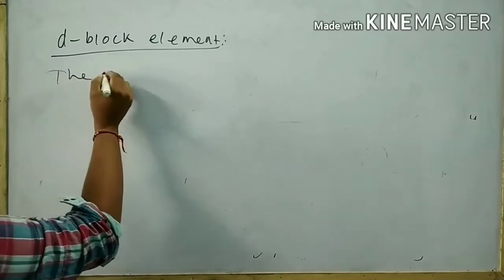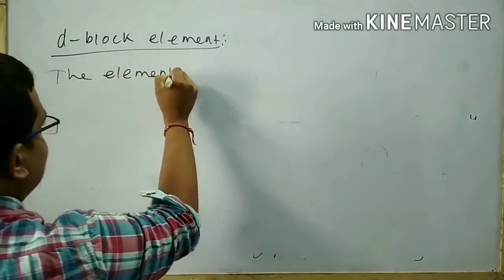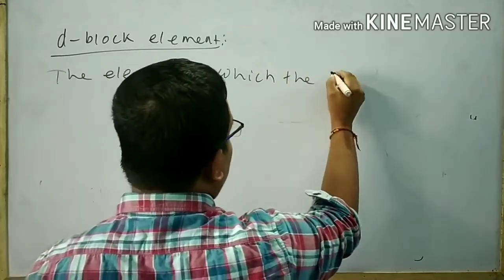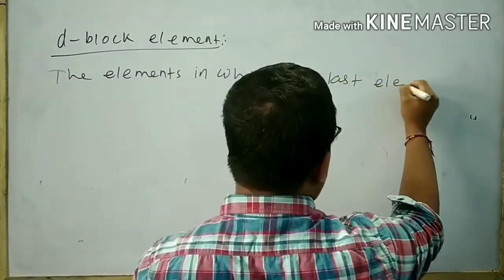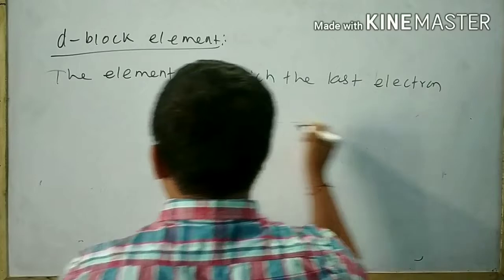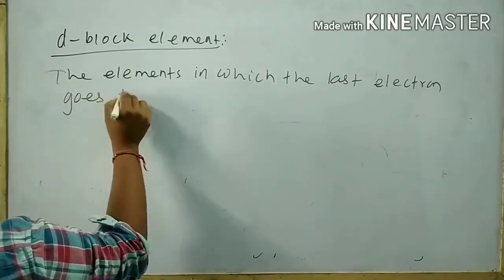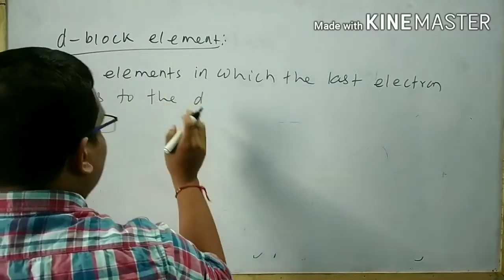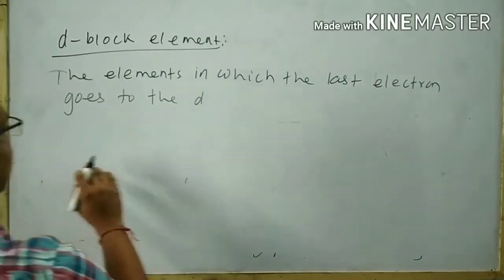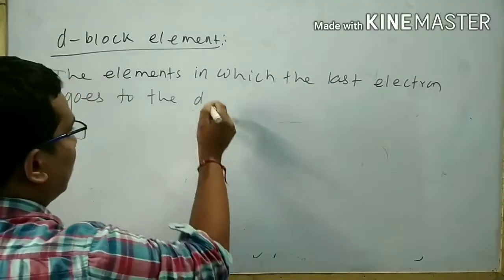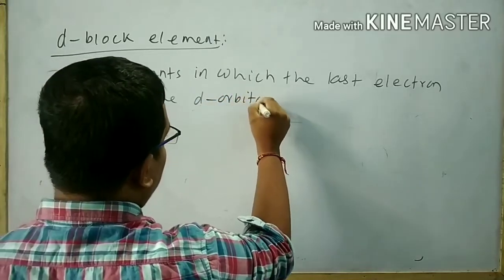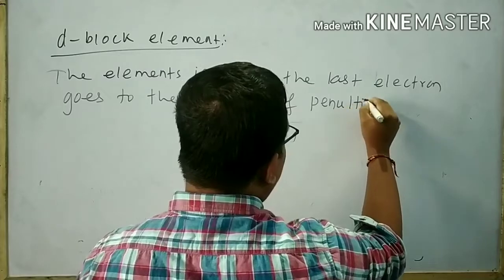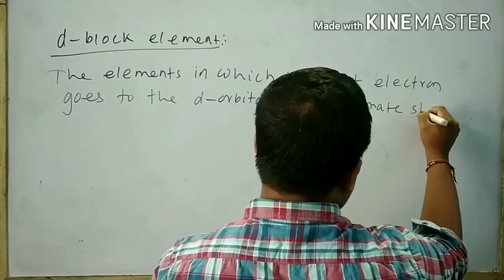The elements in which the last electron goes to the d orbital, or you can write enters the d orbital, of the penultimate cell.